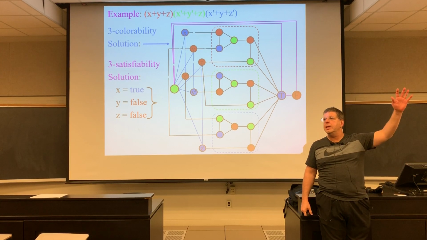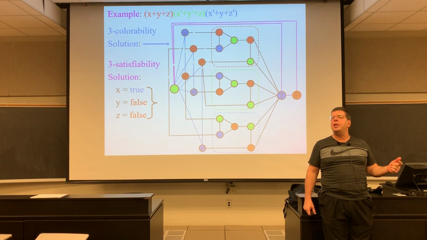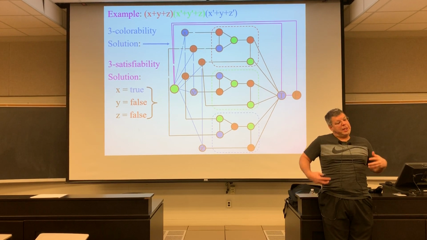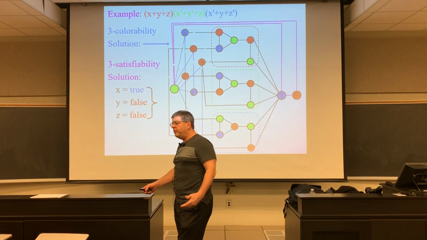How many understand that? And what if you wanted the answer for the satisfiability or the colorability, and all you have is a yes-no decider? What do you have to do more or next? So if you have a decider, but you want it to actually give you the answer, not just tell you that one exists, what can you do to force that to happen?